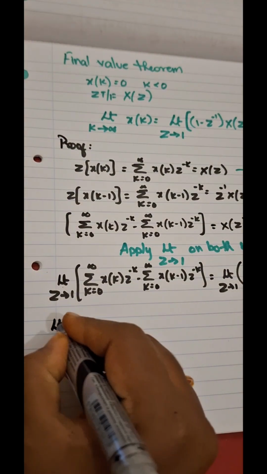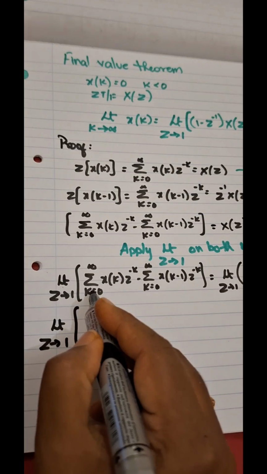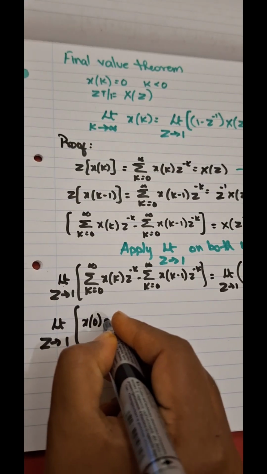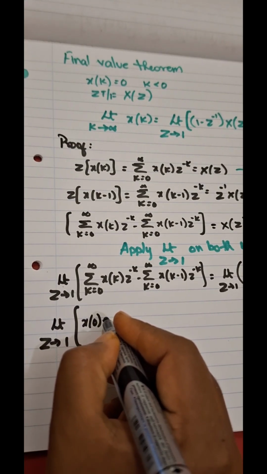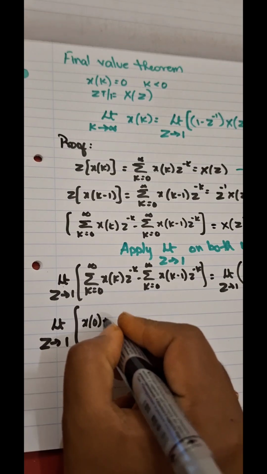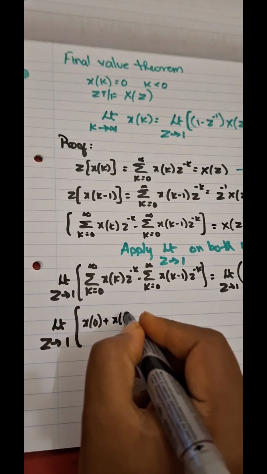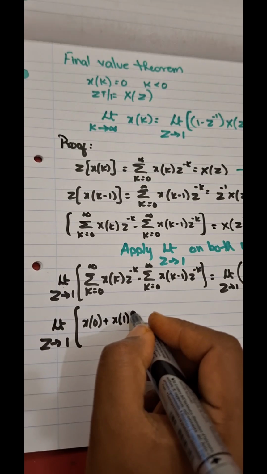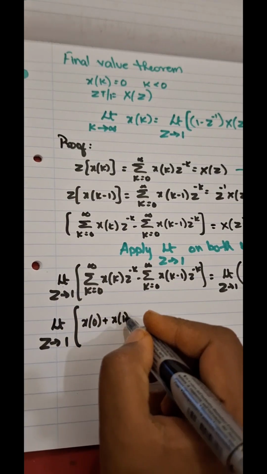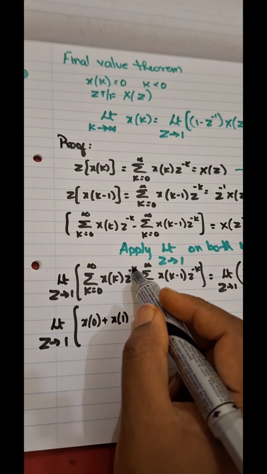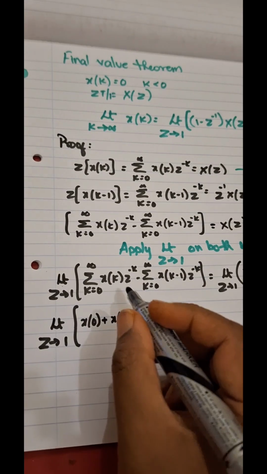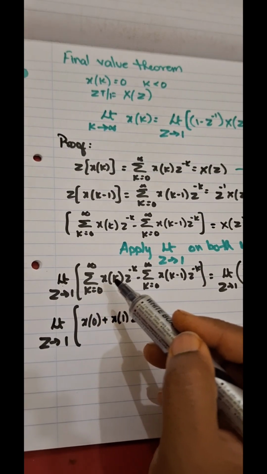Applying the sum from k equals 0: x(0) z^(-0) is x(0), plus x(1) z^(-1), plus for k equals 2, x(2) z^(-2), and so on.